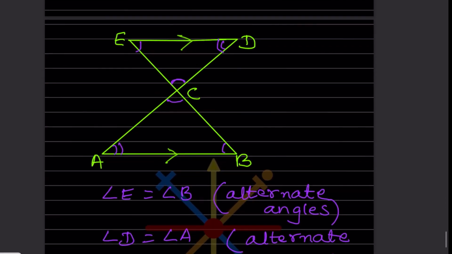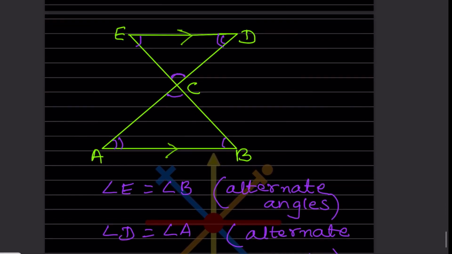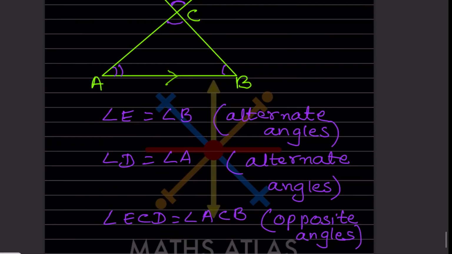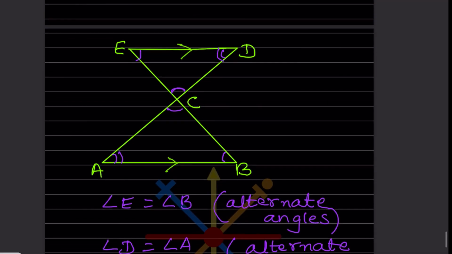Now look at this one. So now we have to prove that, see here, this E is equal to B. So why is that? See here, these are the alternate angles. Again what we can see, this D is equal to angle A. These also are the alternate angles. Then again we can see this and this one, angle C, that is angle ECD.